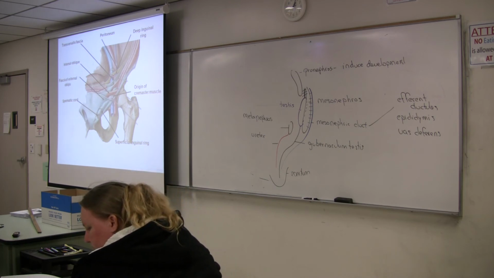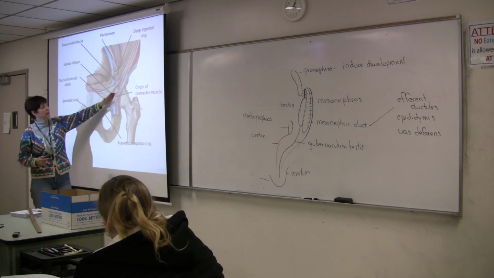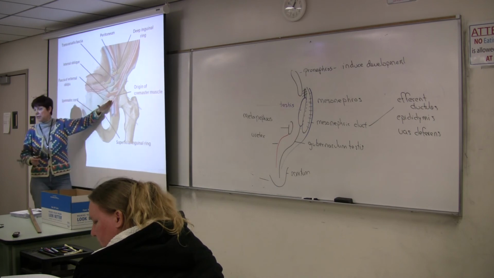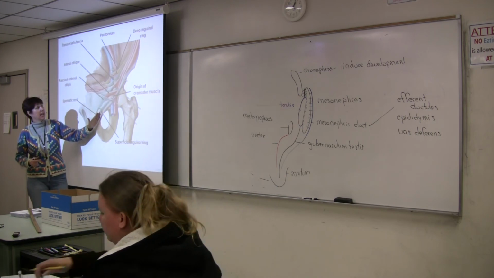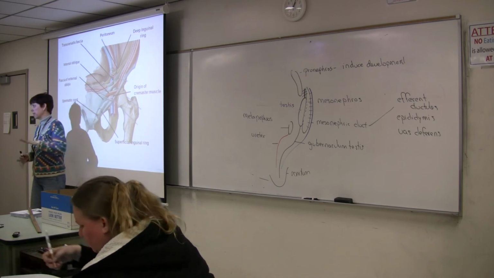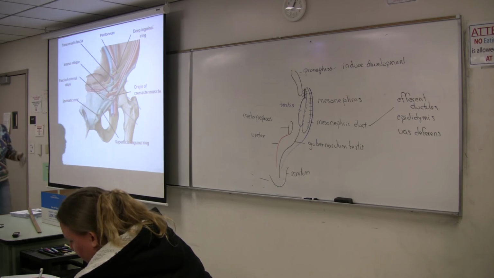Okay? So this is that tunnel right here. Follow my hand. This is the tunnel that the testis followed as it was pulled down into the scrotum. We'll talk about the content in just a moment, but the walls of that structure were formed by successive layers, almost like sequences of arches.